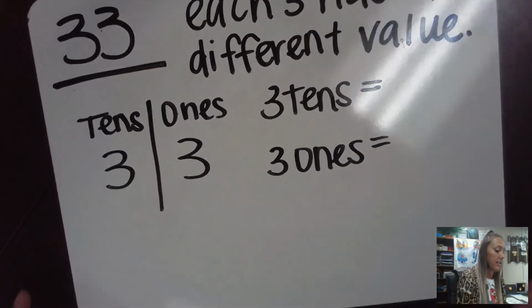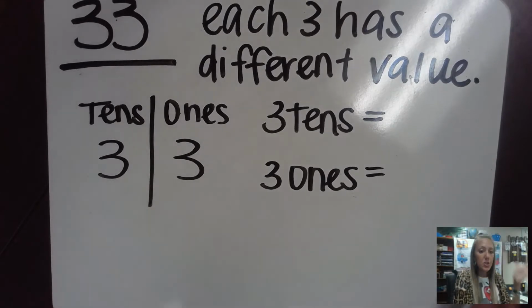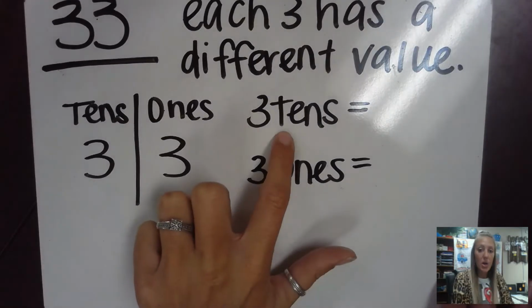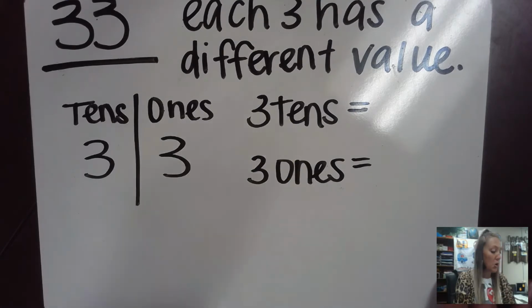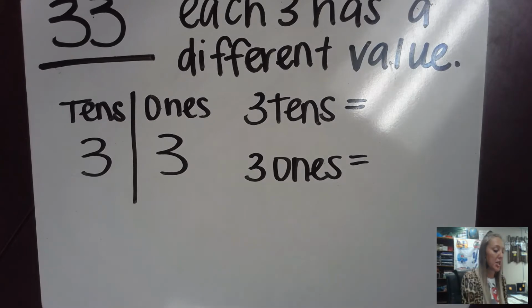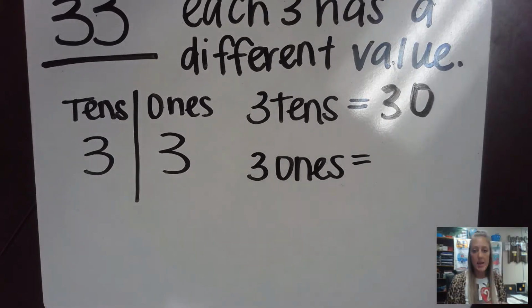Our next example is 33. So 33 has two 3s. Each 3 has a different value though. So this 3 in the tens place represents 3 tens. So the value of this 3 in this position is not 3, but it's 30.